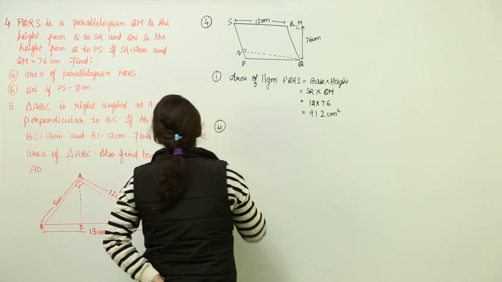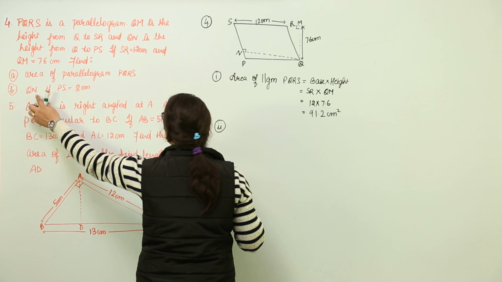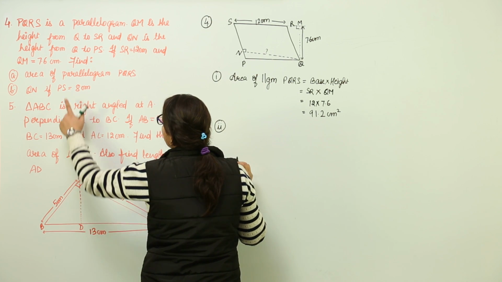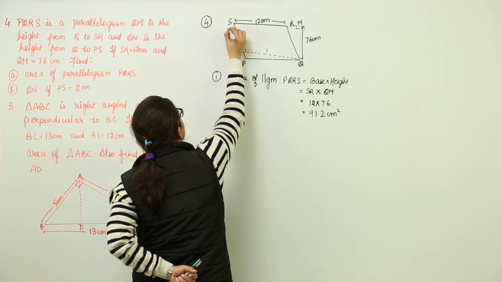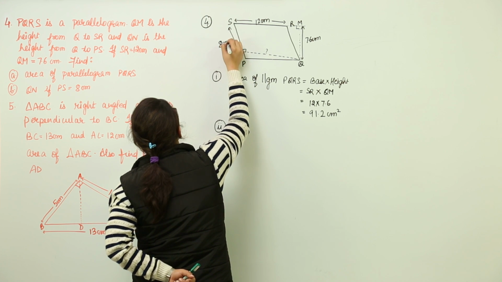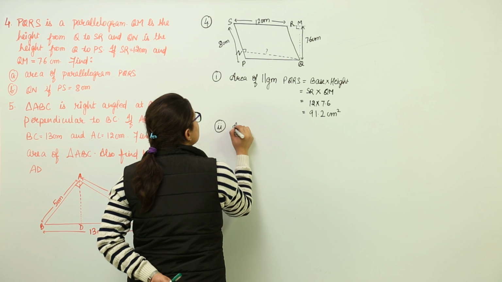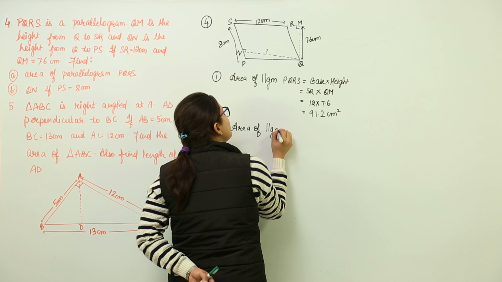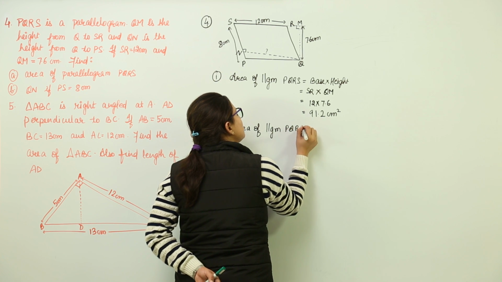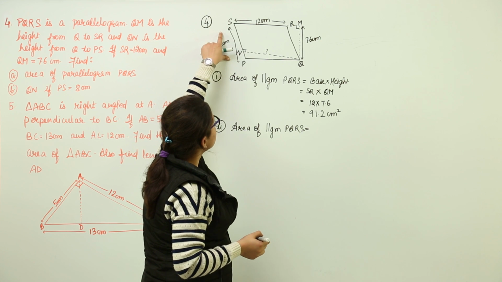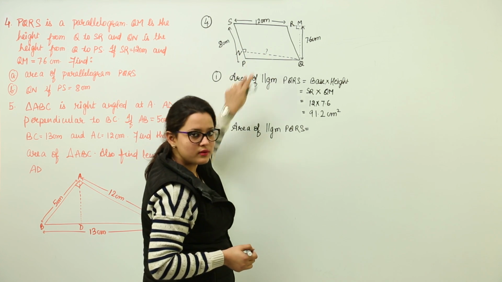Now the next step is finding QN. We have to find out the measurement of QN if PS is given to us. Now the measurement of PS has been given to us, which is 8 centimeters. So we'll write over here that the area of parallelogram PQRS can also be written with the base as PS and height as QN, right?